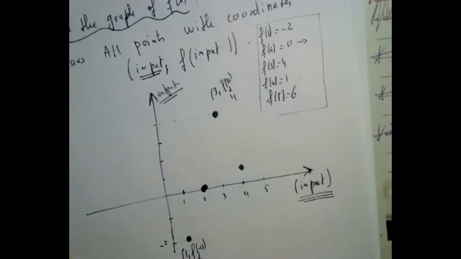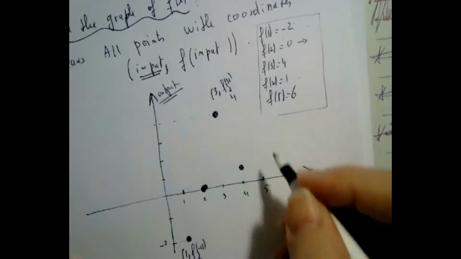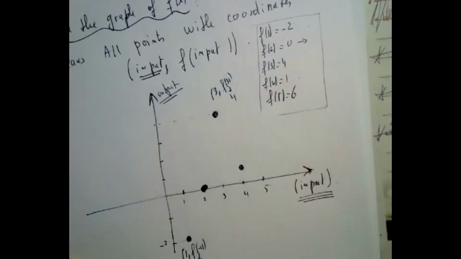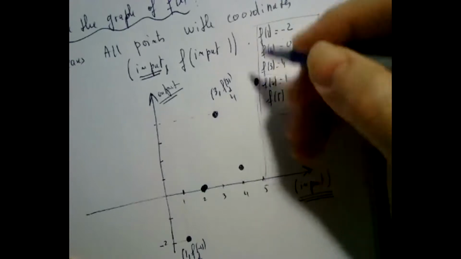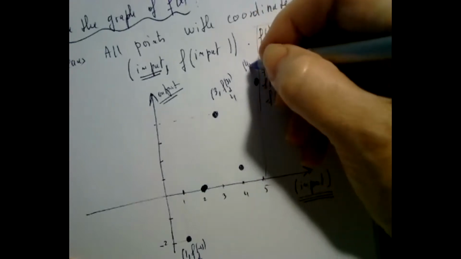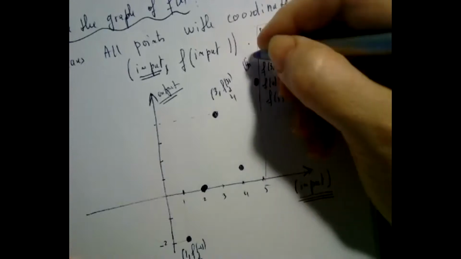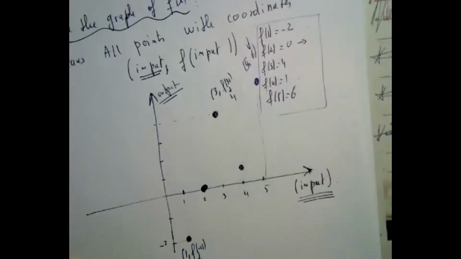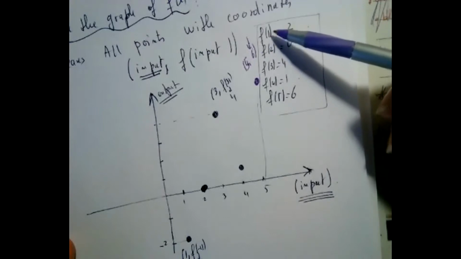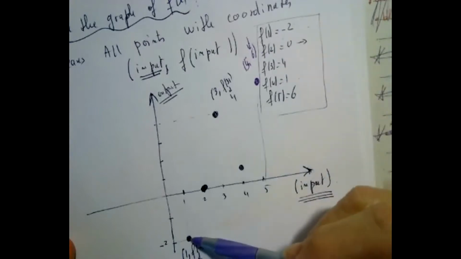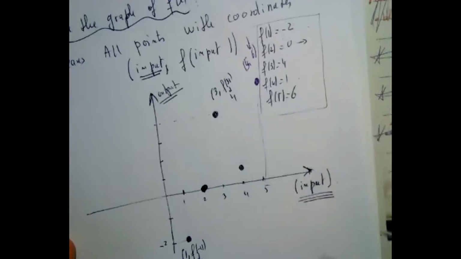That's what it means to sketch the graph. At 5, it's 6. I'm a little bit off chart here, so it's 6, right there. So this is the point 5, 6, which is the output at 5. So this is my graph. It's a bunch of points. Because my input consists only of 1, 2, 3, 4, 5, my graph is actually nothing more than a bunch of points.